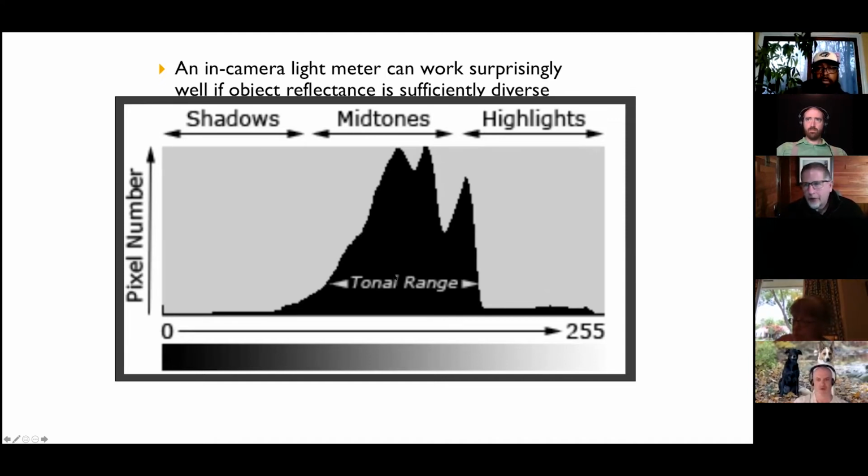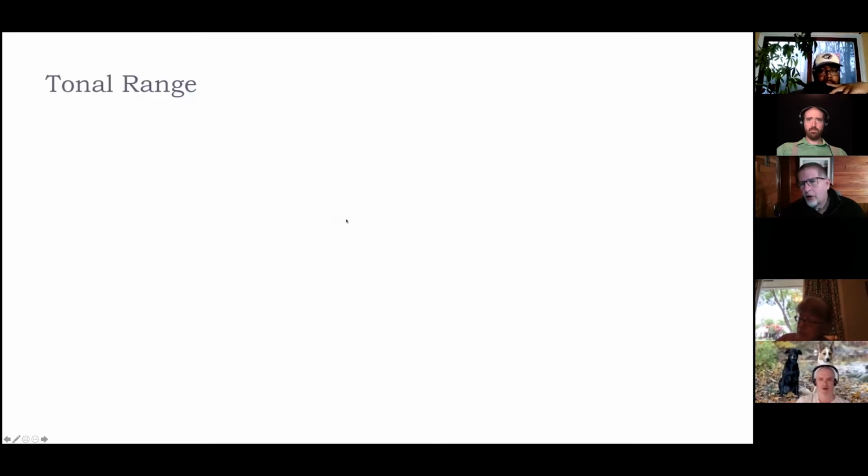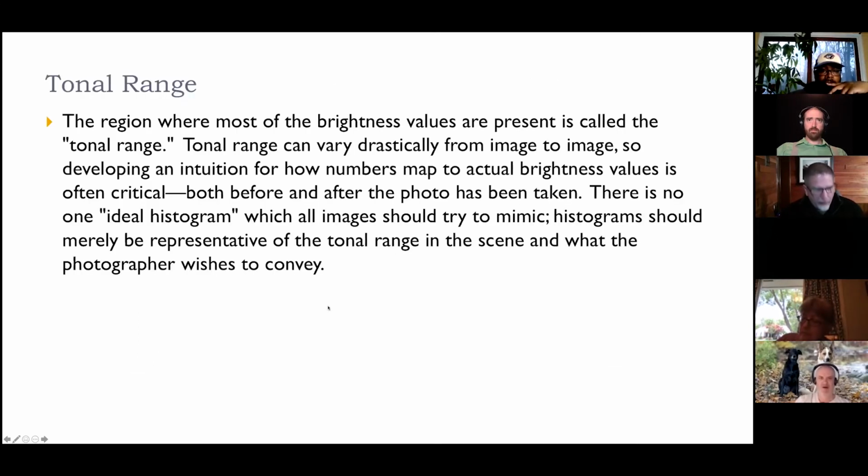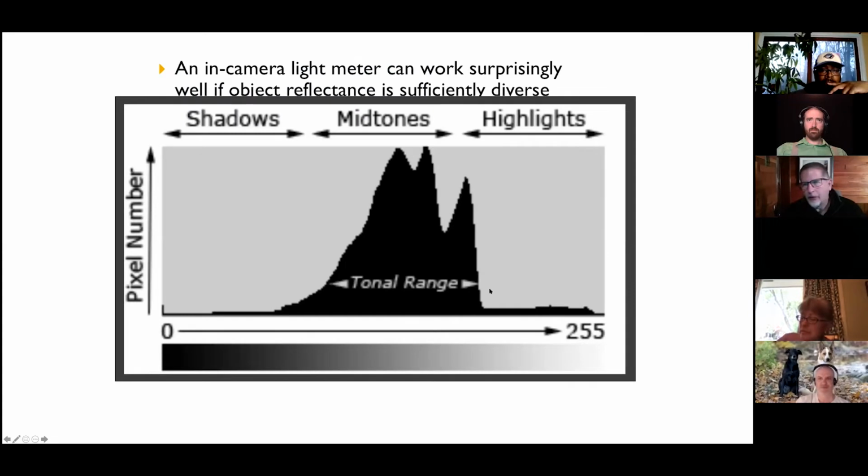Is that correct for an image? No, because if in fact I had that black dog sitting on black charcoal, the histogram should be down here, should be peaked on this far left-hand edge. If I had that white dog in snow, the histogram should be peaked way over on this right-hand side here.